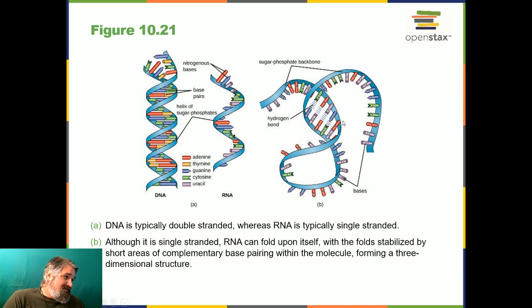You can form complicated structures with RNA, because RNA can fold upon itself, and it gets stabilized by short areas of complementary base pairing within the molecule, giving it three-dimensional structure. And it does a lot of jobs. That contributes to why we think RNA was first, RNA before protein world.